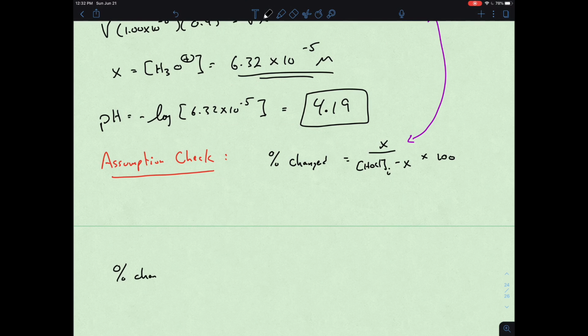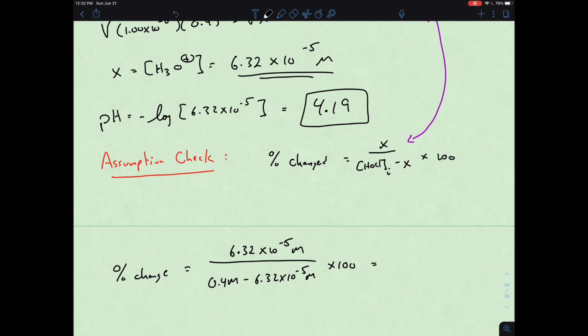So our percent change would equal 6.32 times 10 to the negative 5th over our initial 0.4 molar minus that value, and then times 100.